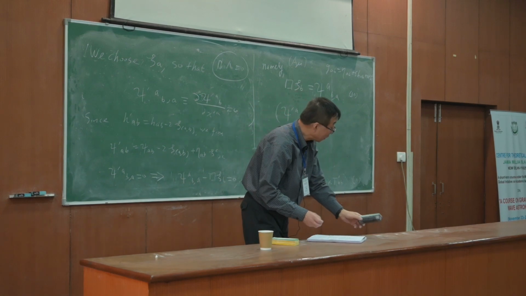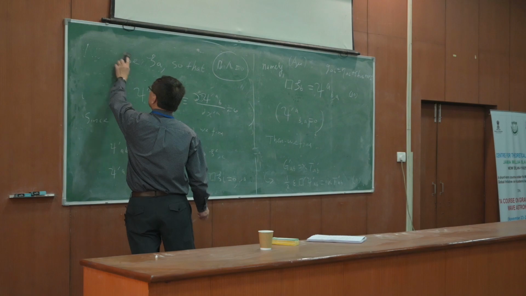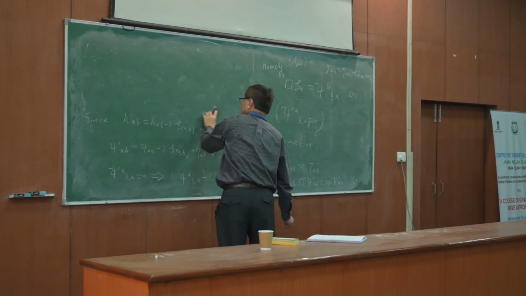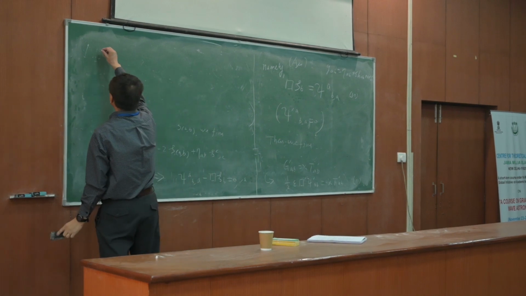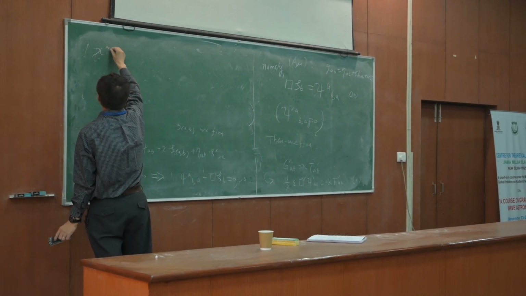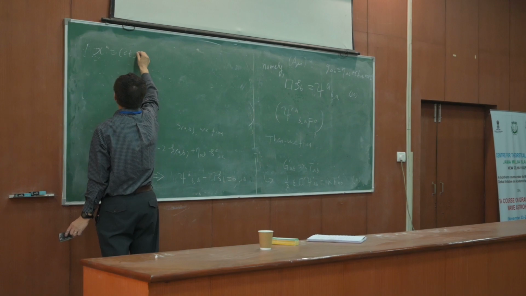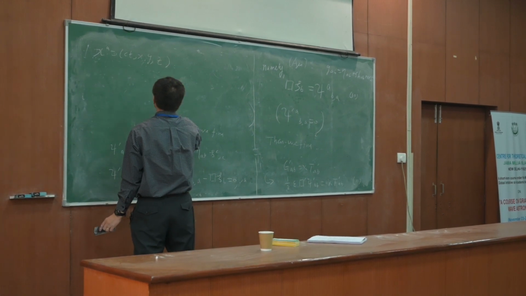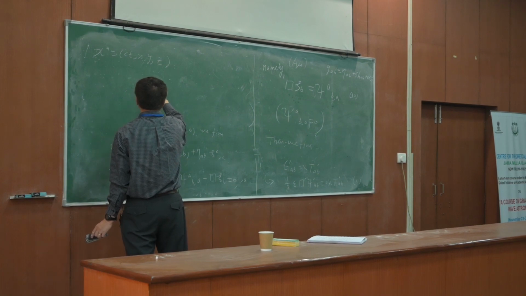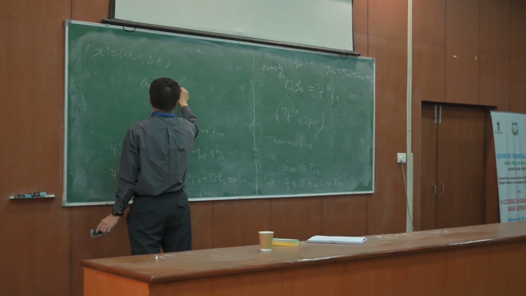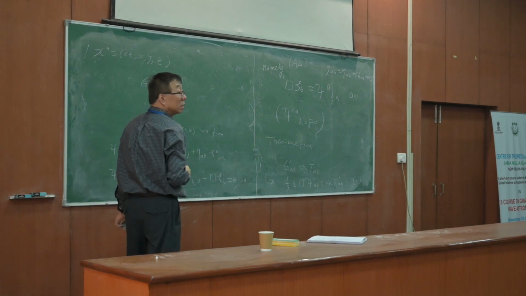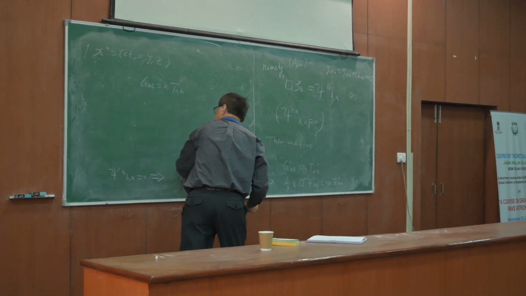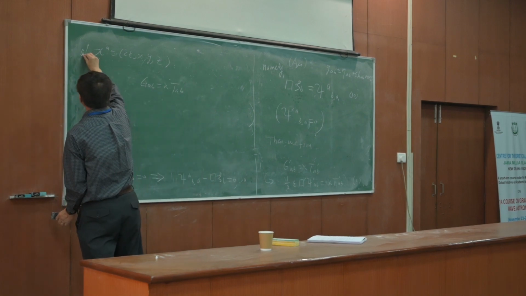So if I summarize everything here, I choose x^A equals (ct, x, y, z), then I get g_AB equals eta_AB plus epsilon h_AB. I calculate this one. So now, this is my first step.